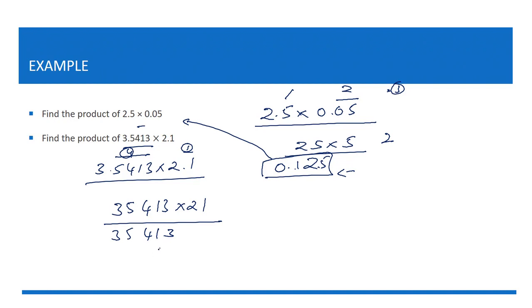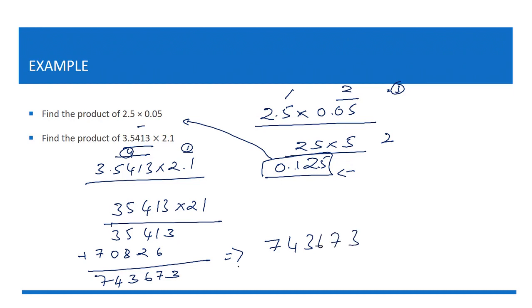Right. 2 3 is a 6. 2 1 is a 2, right? 2 4 is an 8, 2 5 is a 10, 0 1 carry, 2 3 is a 6 plus 1, 7. Correct. Now add it. 3, 6 plus 1 is 7, 4 plus 2 is 6, 8 plus 5 is 13, 1 carry, 3 plus 1 is 4, and 7. So the answer we got is 743673.